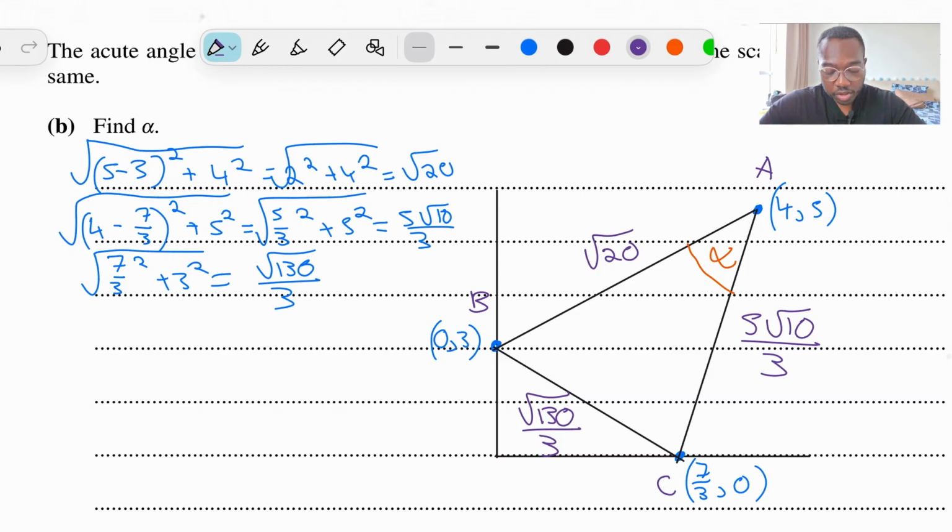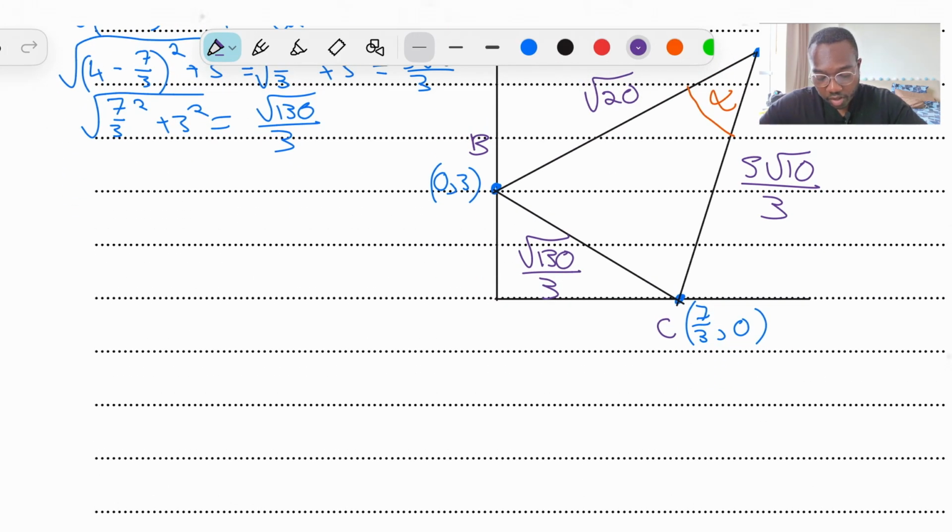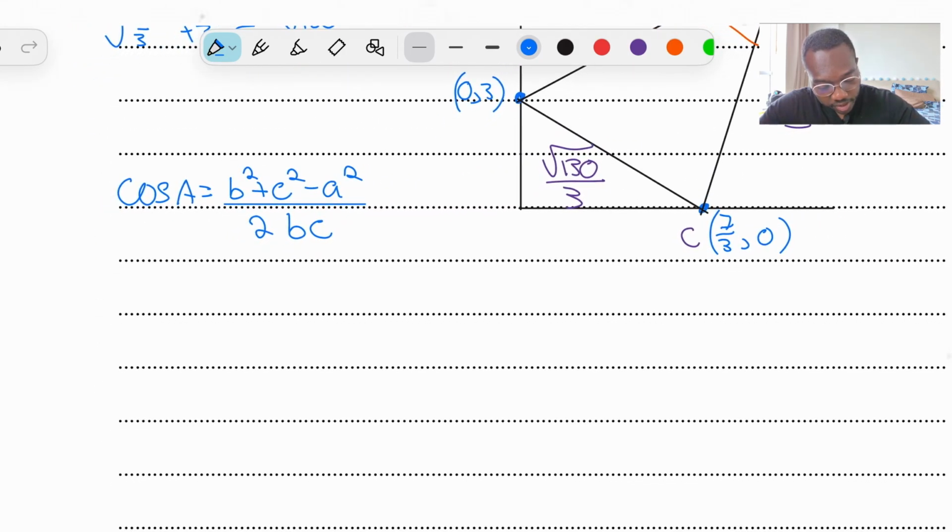Now we can use the cosine rule to work this out. For the cosine rule, in this case, cos A is equal to b squared plus c squared minus a squared, over 2bc. So for us, that would be cos alpha. In this case, let's call it alpha.